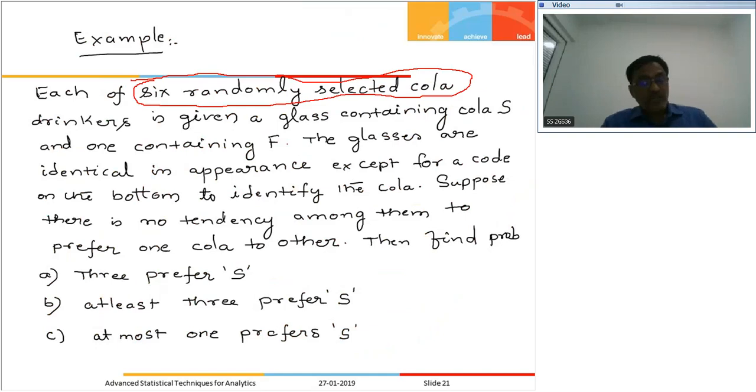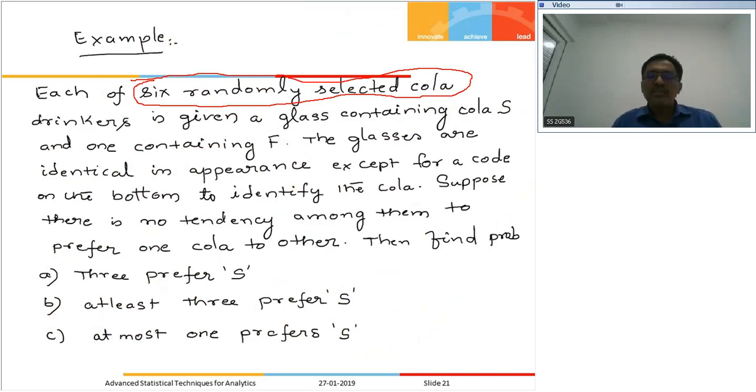But it's not that easy to identify that I need to follow the binomial distribution. With practice, we'll understand which distribution fits the problem when you talk about applications.